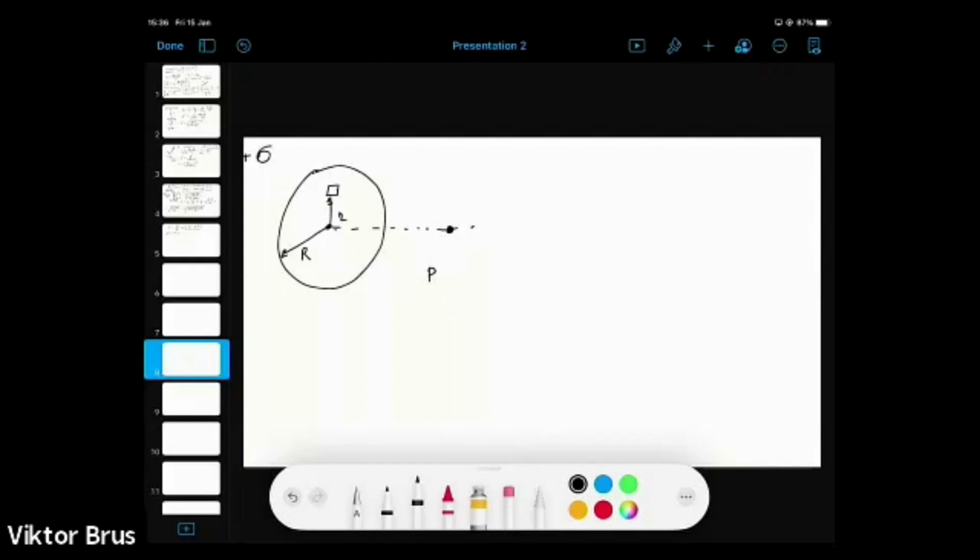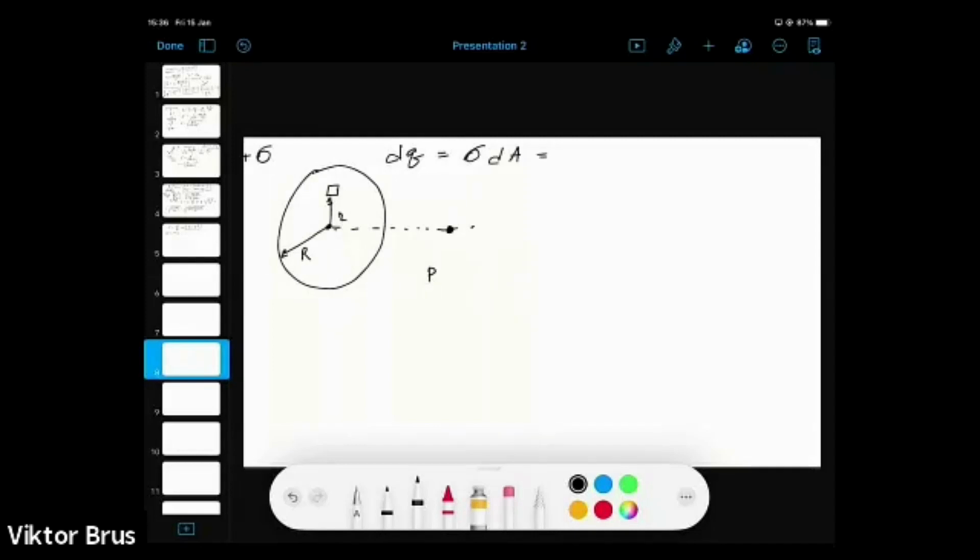The charge of this small surface element which we consider will be dq equal to sigma times dA. So this is the small area, and sigma is the uniform distribution of electric charge.